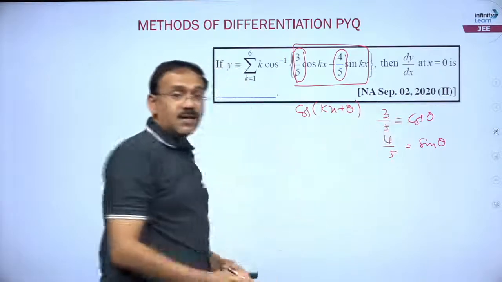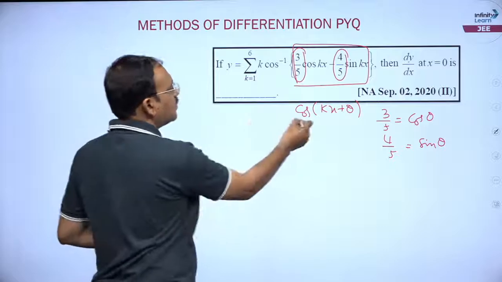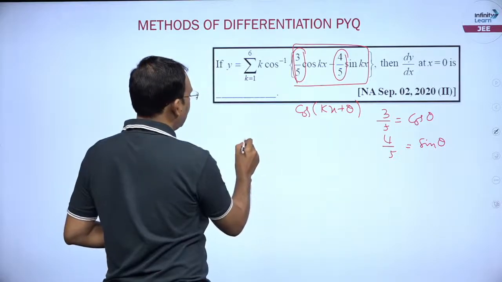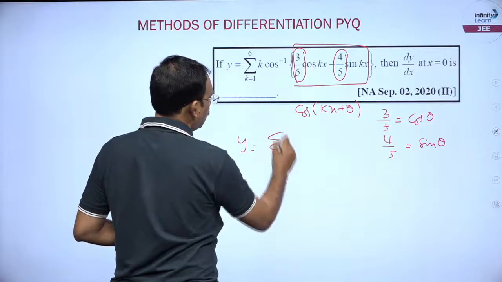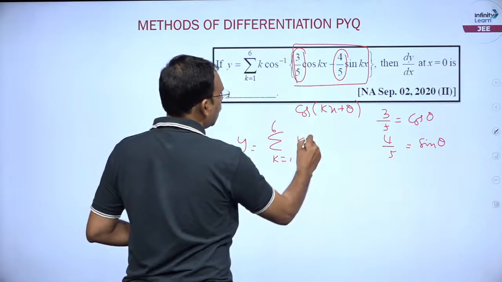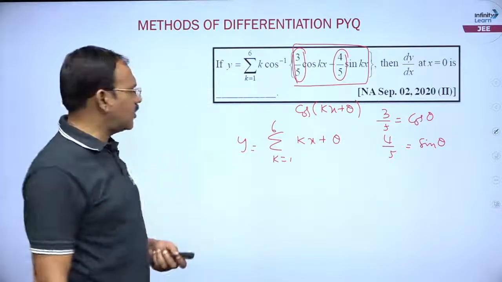Remember, theta is a fixed constant because the numbers are constant. So cos inverse of cos, for the time being let me take y equal to sigma k equal to 1 to 6 of (kx plus theta), where theta is some constant.